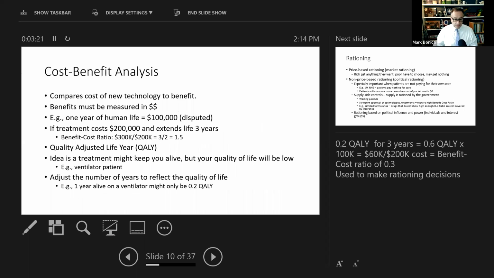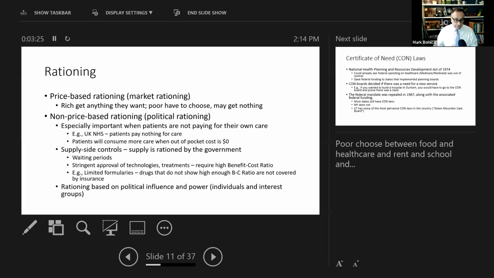So we're doing our own benefit cost measure in our own heads, saying, yeah, that thing is worth sacrificing the other things that I might have bought. So yes, I've got a broken leg. I'm willing to sacrifice going on spring break so that I can have a doctor set my broken leg, and hopefully I can walk again. So you have price-based rationing, and then basically all other kinds of rationing are non-price-based rationing.